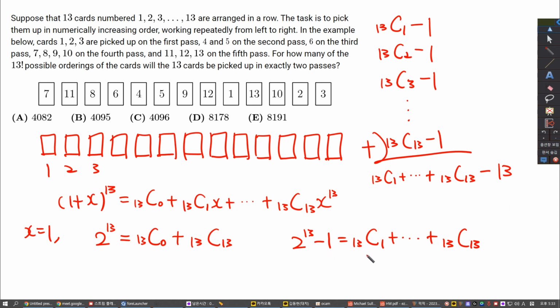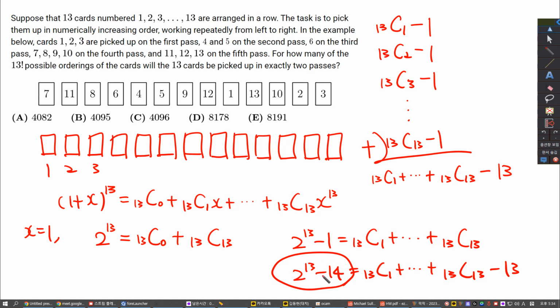So if we subtract 13 from both sides, this is the value we want, the number of cases. So what is 2 to the 13th power? Something like this. Can you find this difference? So which one is the answer from the choices? D. Yep.